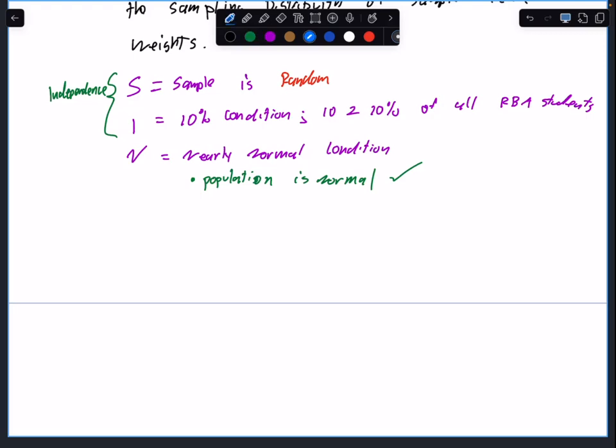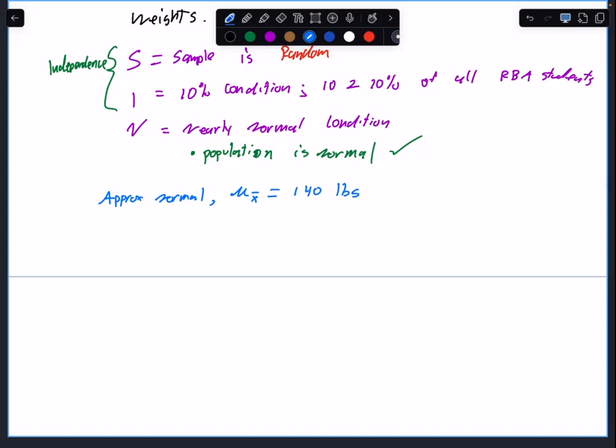therefore, we can now state approximately normal. And the mean of the sampling distribution, the mean of X bar, is going to be the same thing. It never changes. Still 140 pounds. Why do I keep saying 120? It used to be 120, but these days it's closer to 140, post-COVID.